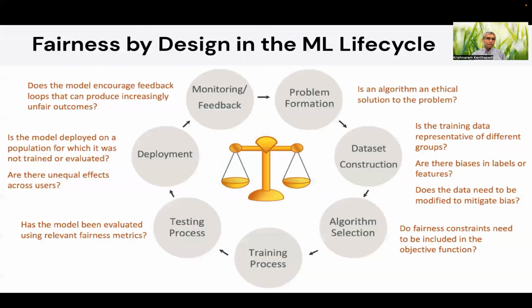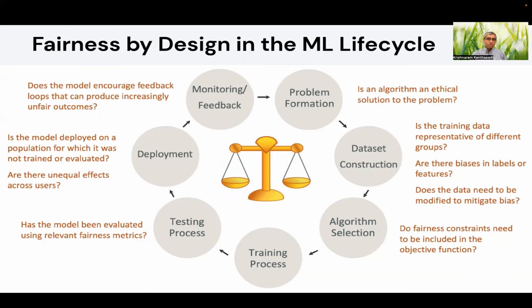So more broadly, we can think of fairness being incorporated into all aspects of the machine learning lifecycle. This starts with the problem formation, asking ourselves whether using a machine learning approach is even desirable and ethical for the specific problem setting.